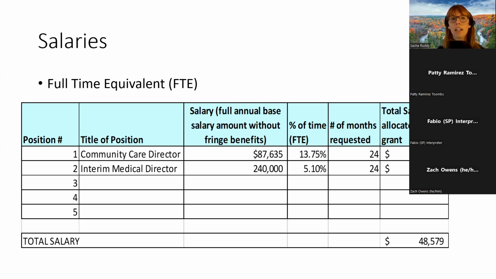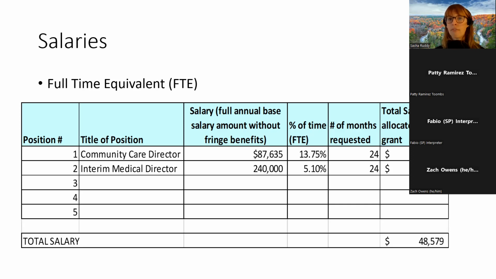We see the title of their position, and one is a community care director, and the other is an interim medical director. The next column over is the salary, their base salary without fringe, and we'll talk about fringe in a minute. So how much are they making straight up?